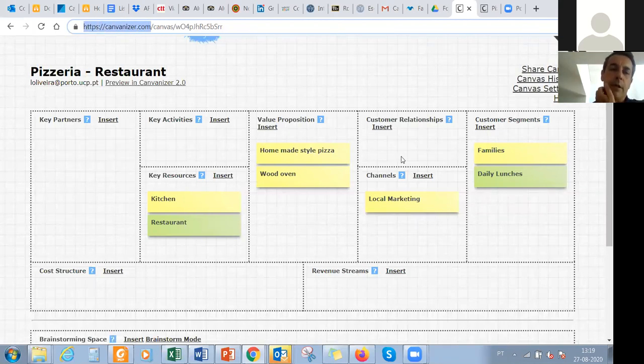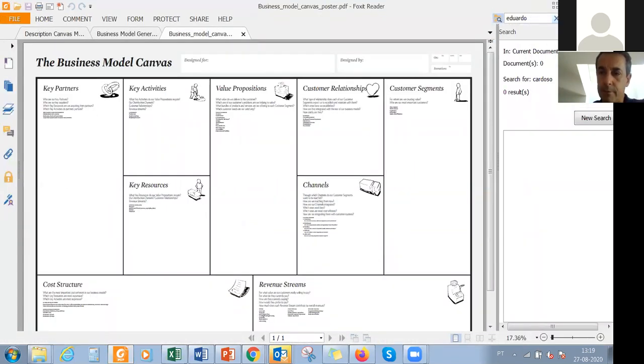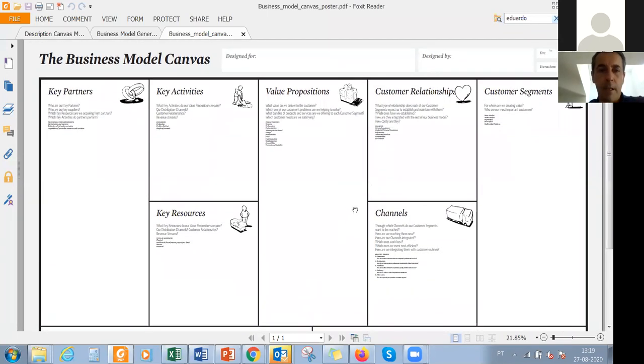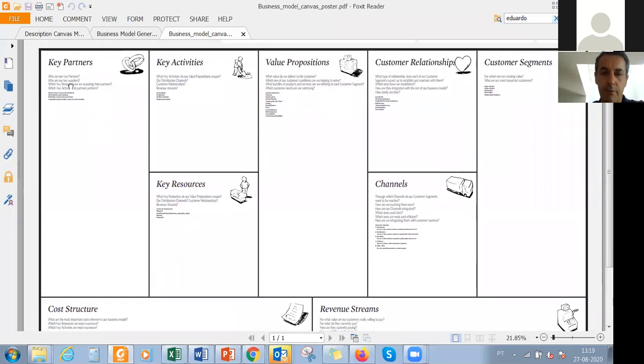We can use the tool to frame our thinking. Before I show you the tool in more detail, let me tell you that the business canvas from those authors, with the look that I showed you before, is called the business model canvas.